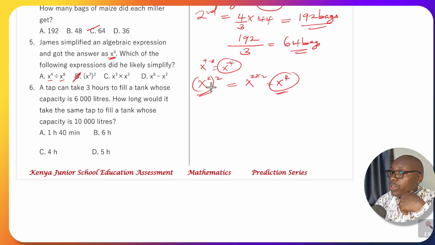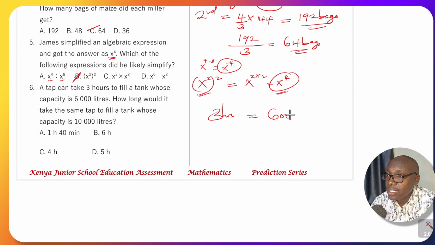How long would it take the same tap to fill a tank whose capacity is 10,000 liters? A tap can take 3 hours to fill a tank whose capacity is 6,000 liters. So the question we need to ask ourselves is, what about 1 hour? If in 3 hours that is enough to fill 6,000 liters, what about 1 hour?